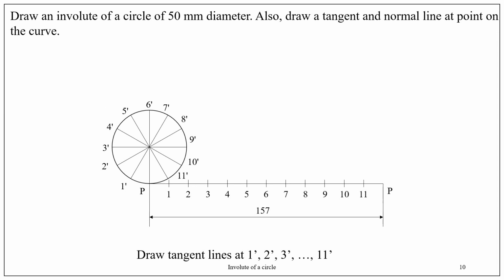It is assumed the involute is drawn by unwinding a string in clockwise direction from point P on the circle.